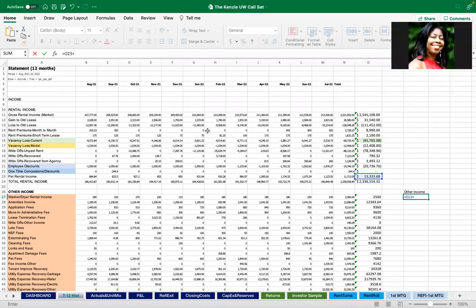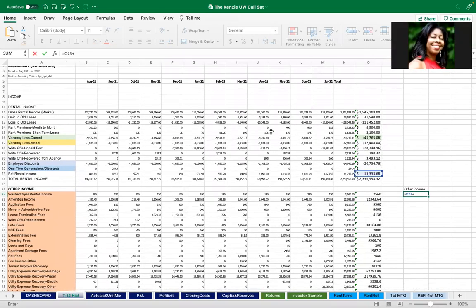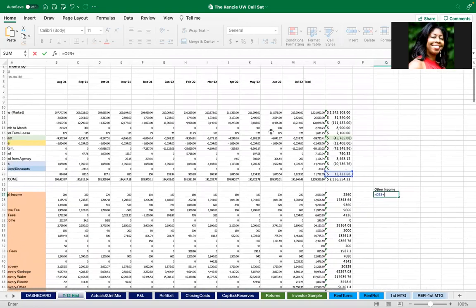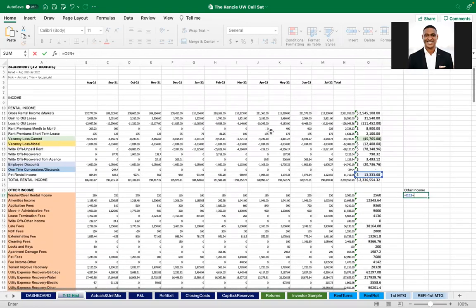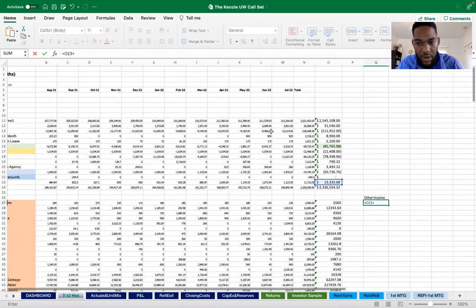Maybe the rent premiums. Yeah, rent premiums. Which line item is that? Hold on, give me a quick second. 14. Correct. That's other income. 15, yeah, you're right. So 14 and 15 are other income, and we'll go ahead and do that.